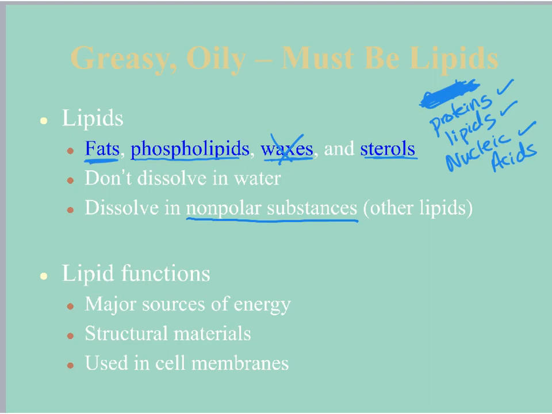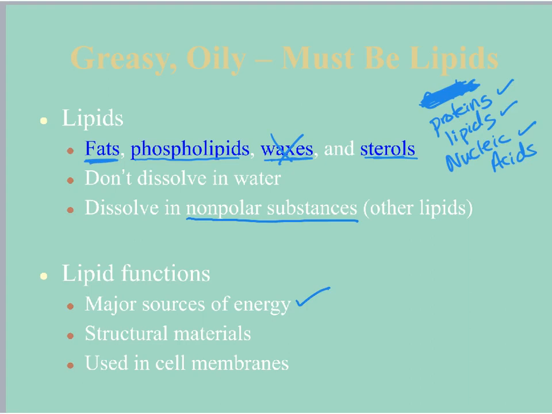Functions of lipids can vary quite a bit, but they're a major source of energy. So your fat cells, for instance, have lipids inside of them. And when you're not receiving enough energy from carbohydrates, let's say you go on a low carbohydrate diet, you deplete your sources of carbohydrates, what your body will do is go to your fat cells and pull out the lipids to use those as energy.